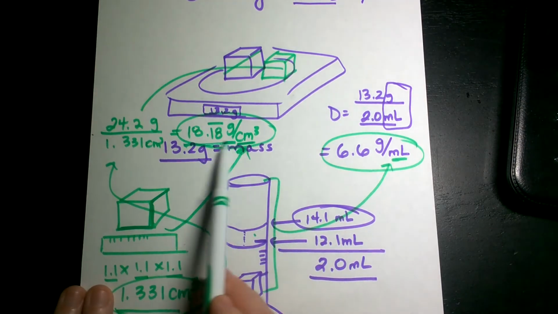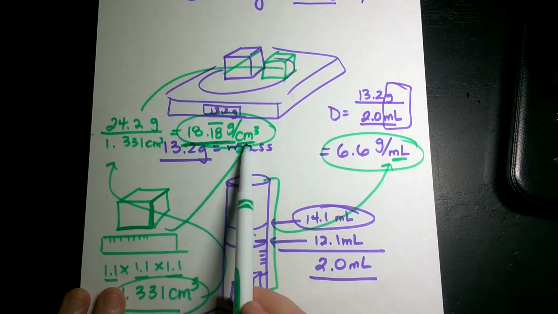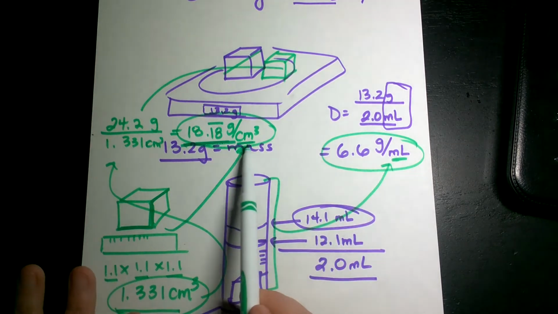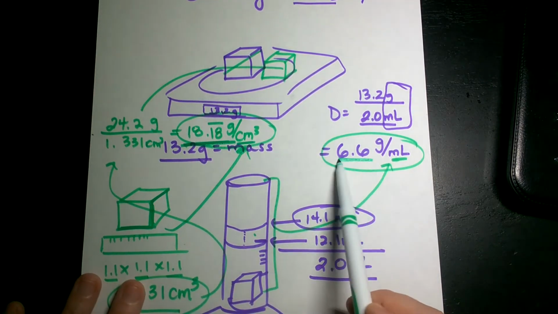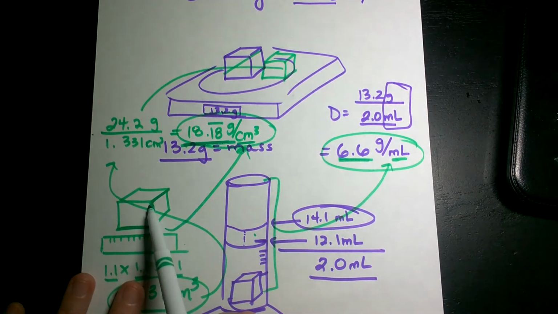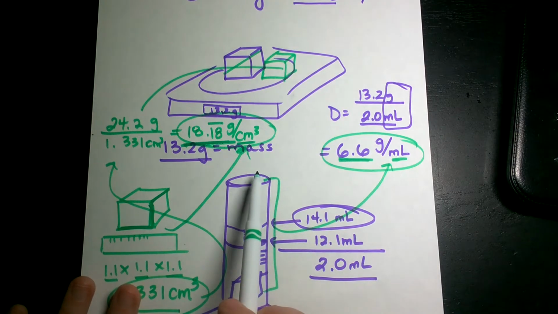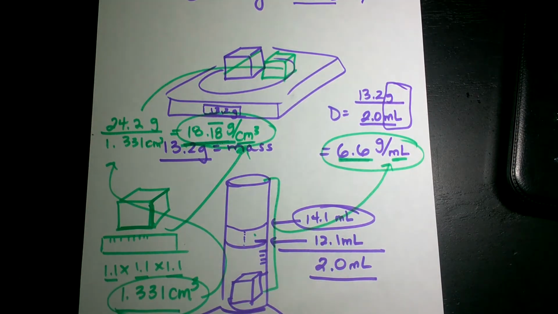And what this tells you is that this has a lot more particles packed together per milliliter or per centimeter cube because it's 18.18. This one's 6.6. Okay, so 18.18 cube is made of a totally different substance, and that substance is more dense than the first block. So the green block is more dense than the purple block.